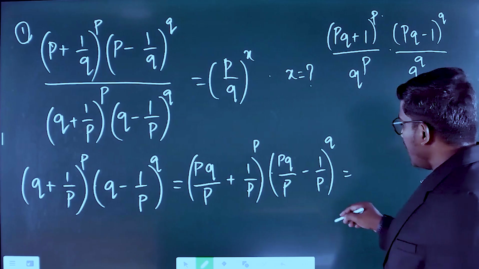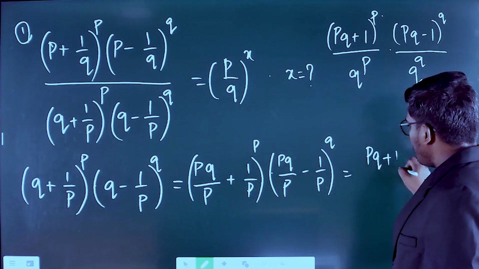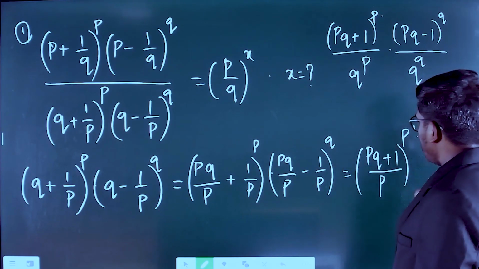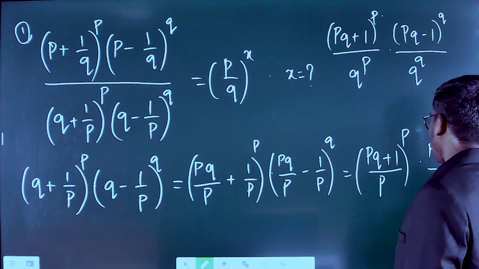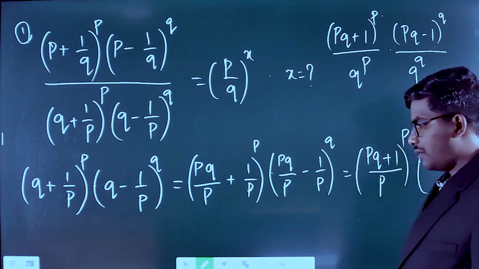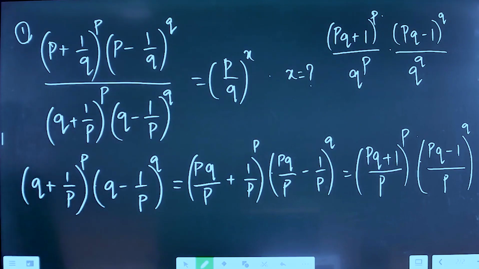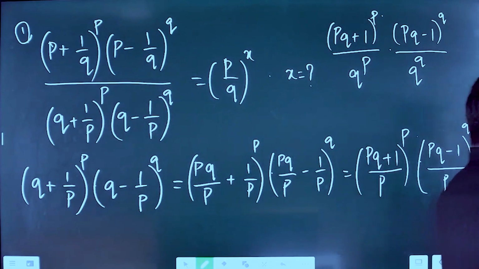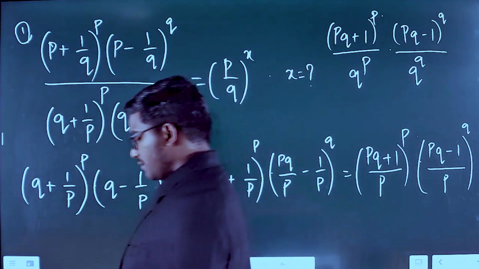Now, it will be PQ plus 1 by P whole power P into PQ minus 1 by P whole power Q. Right? Note this down. I'm going to erase this step again.